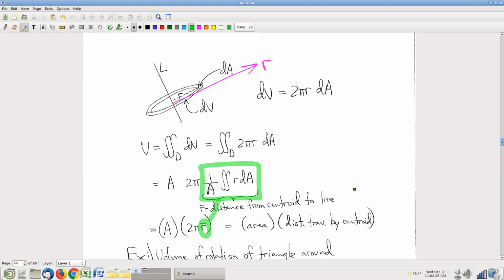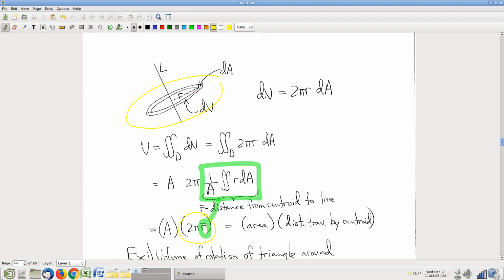That being the distance from the centroid to the line, and if I say r bar is that distance, then notice that what we have here is 2 pi r bar.